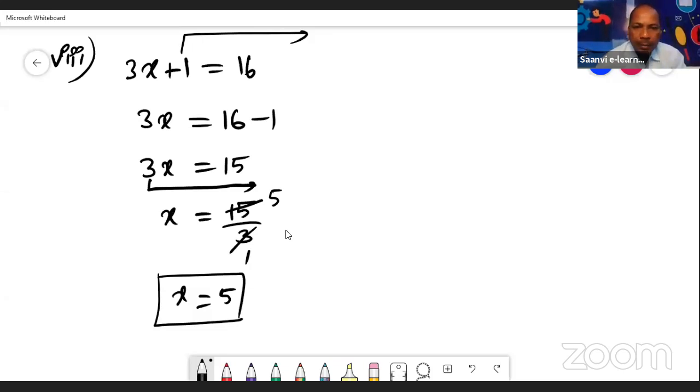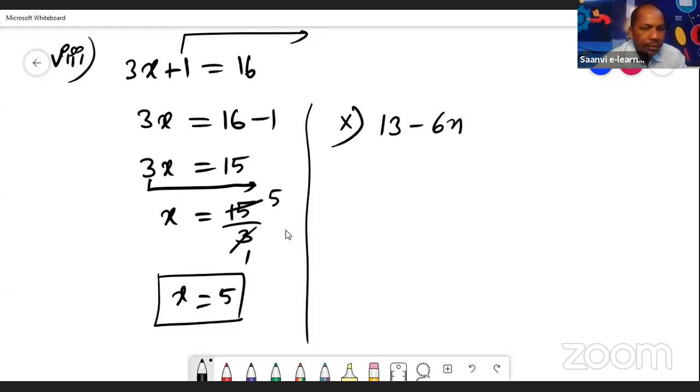Now, once see the 10th problem. The 10th problem is given: 13 minus 6n is equal to 7. So first of all, this 13 send this side. Here n is the variable, so this n value we have to find out.